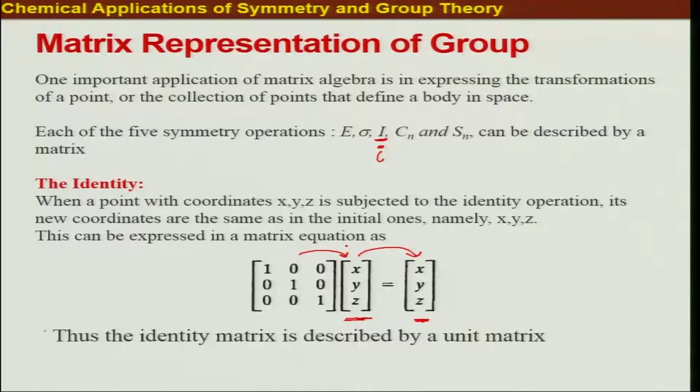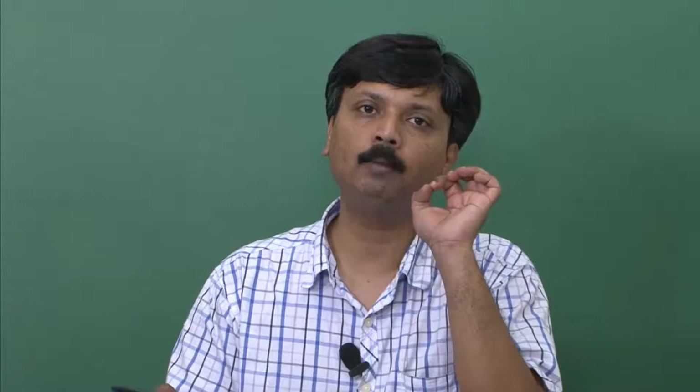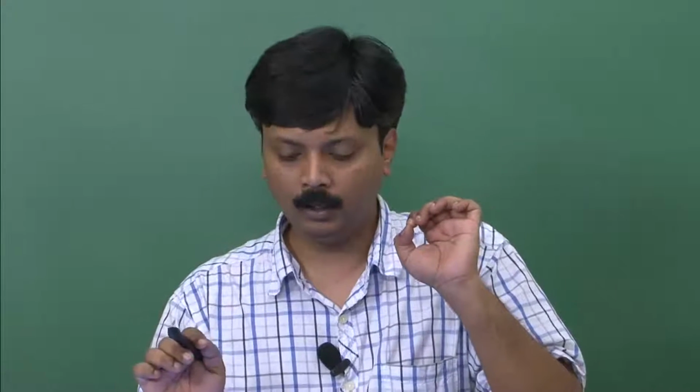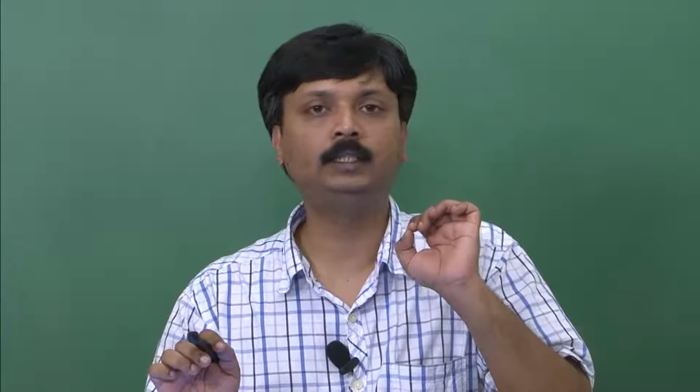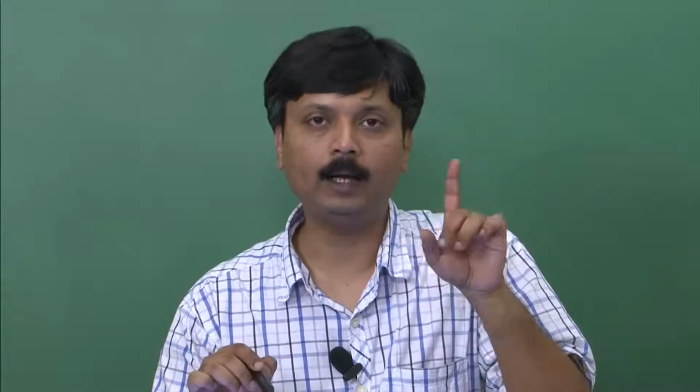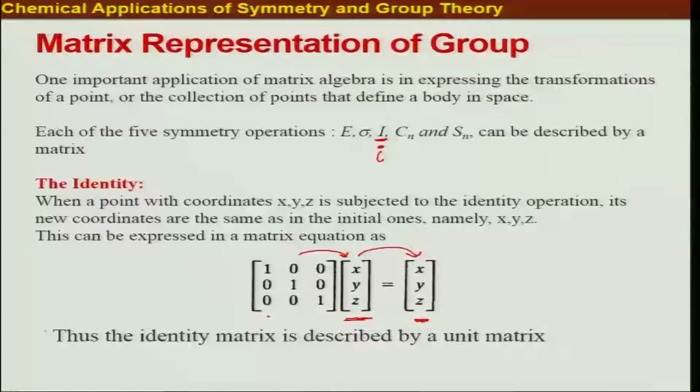It should definitely have 3 rows. If it has 3 rows, then it can have multiplication, and in this case I should have 3 rows and 3 columns. So in a sense I should have a 3 by 3 square matrix that can act as the identity operator, and it should not change any of the x, y and z in the column vector. The only way I can satisfy that is if all the diagonal elements are unity and the rest of the elements are 0, which is nothing but the identity matrix.